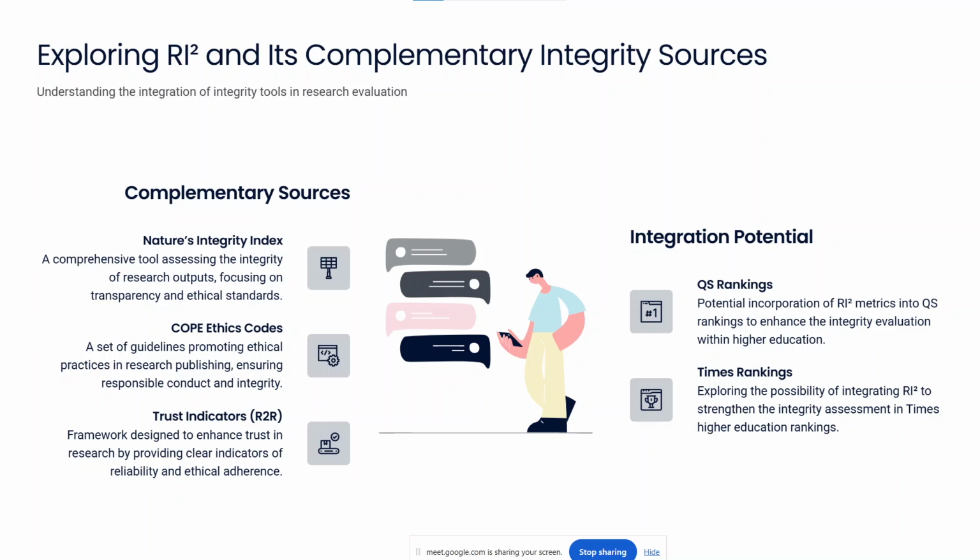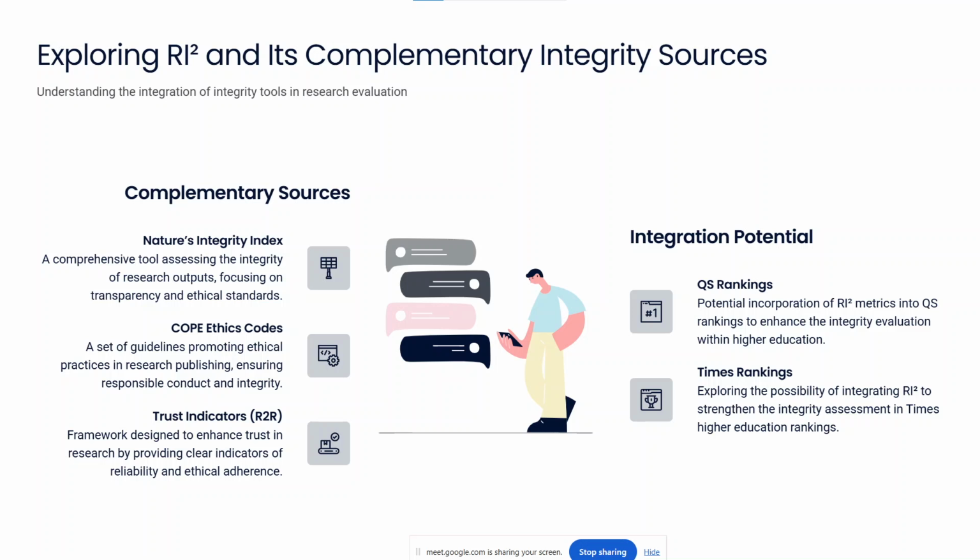And I would like to mention a few sources which you can refer to for identifying potential universities and institutions. First one is Nature Integrity Index, then COPE Ethics Codes. COPE is a dedicated site that regularly provides information on publication ethics or violations of publication ethics.